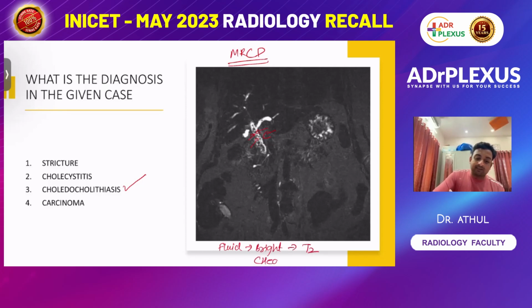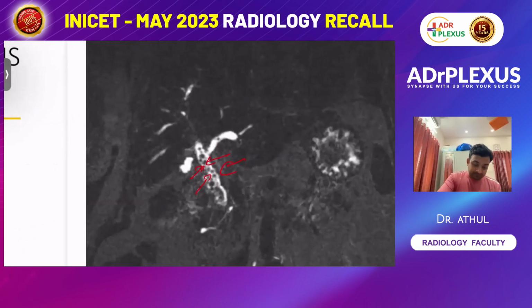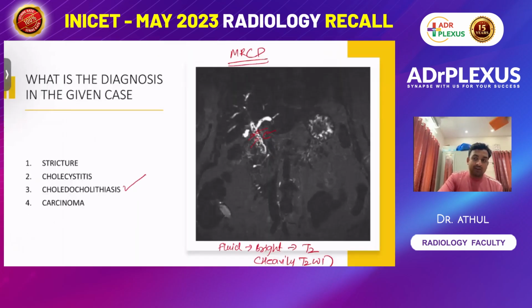MRCP is a heavily T2 weighted imaging technique that will help you to make the diagnosis of cholelithiasis, choledocholithiasis, periampullary carcinomas, any stone in the MPD and all. In the image they have given, there was a dilated common bile duct with multiple calculi, so the diagnosis was choledocholithiasis.